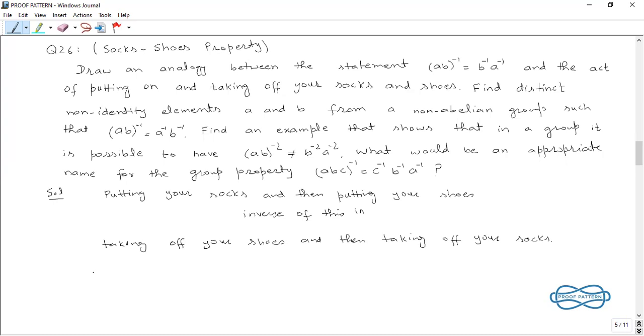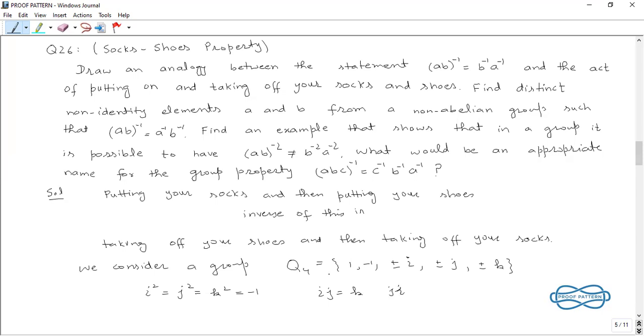So now we consider a group, quaternion 4, which is the group {1, -1, i, -i, j, -j, k, -k}, with the property that i square is equal to j square is equal to k square is equal to minus 1, and ij is equal to k, but ji is equal to minus k.